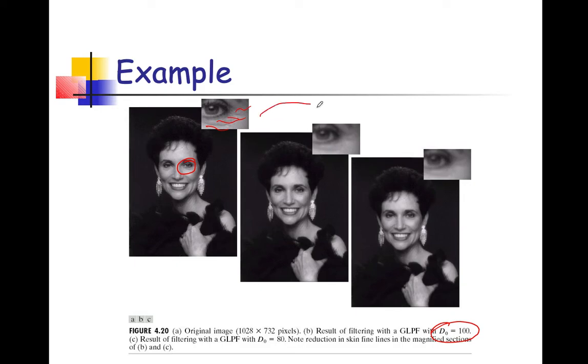When you pass it through the Gaussian low pass filter with different values, for 100 we get an output this way. For 80 we have a smoothened output. You can see the scratches of the eye here; what happened? They are fully removed in the end result. This is B, and this is C. In C we can see the smoothing of the data.